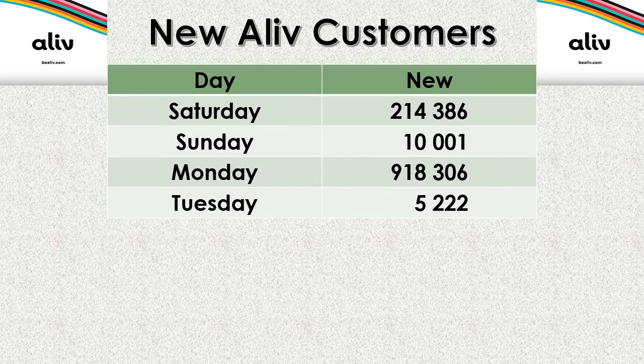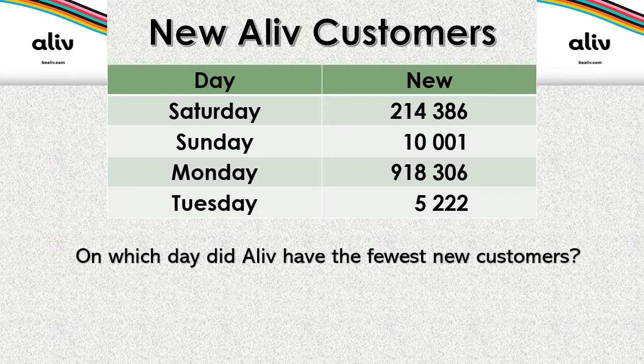This chart shows the new Alive customers. On Saturday, 214,386. On Sunday, 10,001. On Monday, 918,306. And on Tuesday, 5,222.